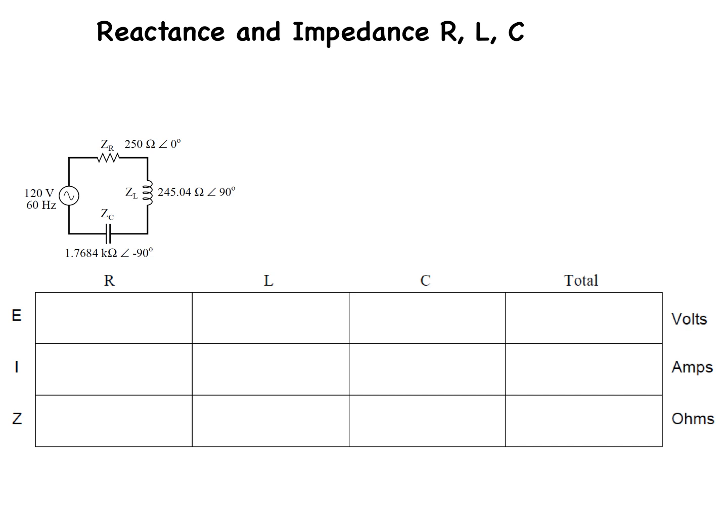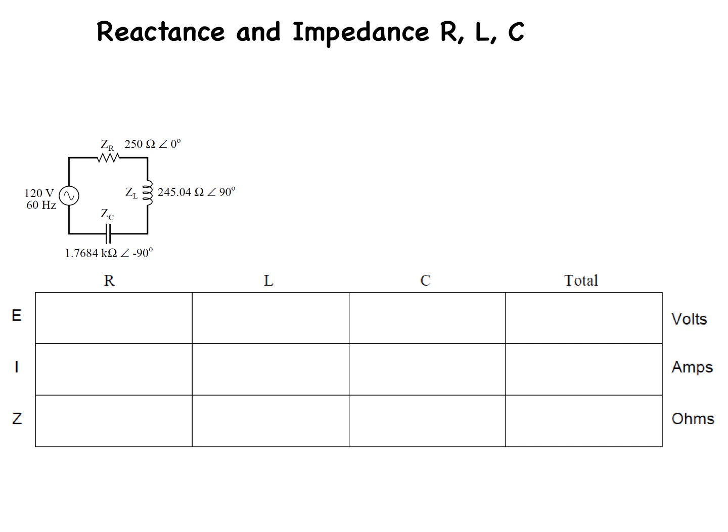What we can do now is fill out a table for the voltage, current, and impedance of all the components in the circuit. So we have all the components listed across the top of the table, and all of the values that we're looking for listed along the left-hand side, or the rows of the table.